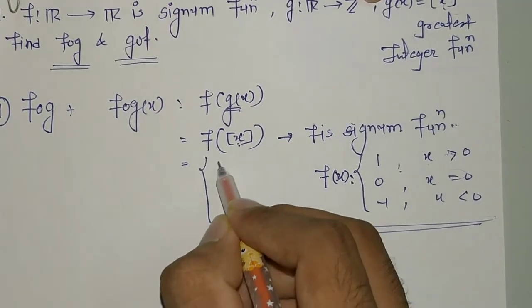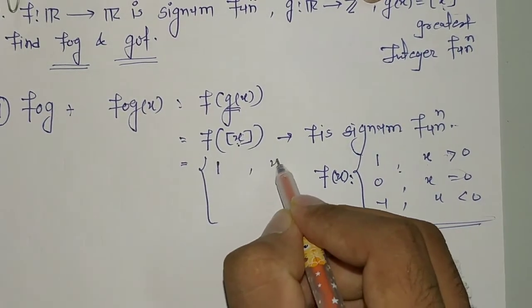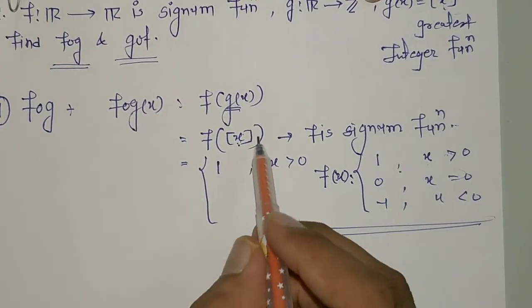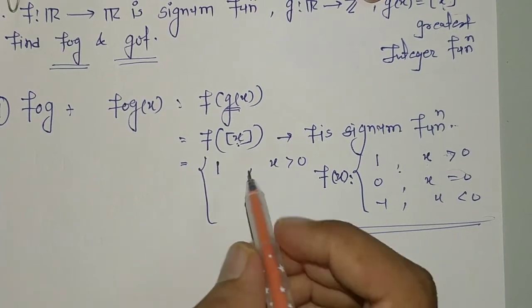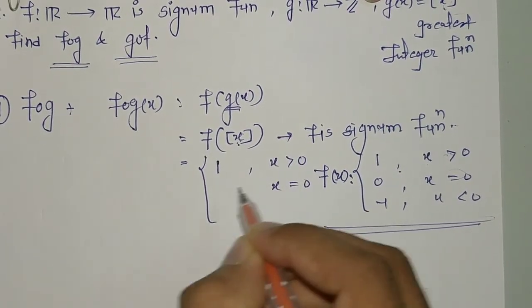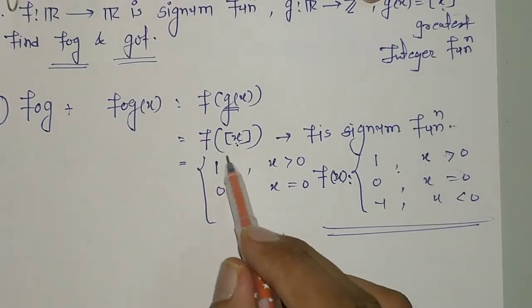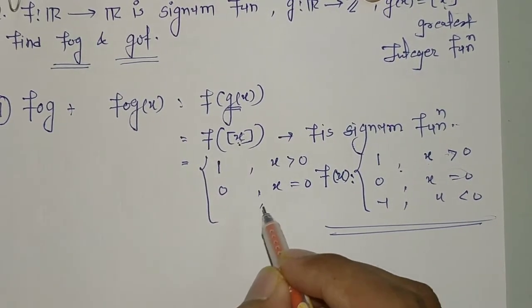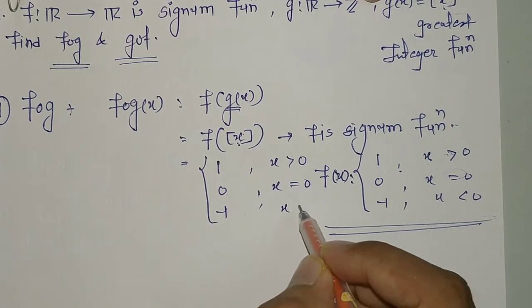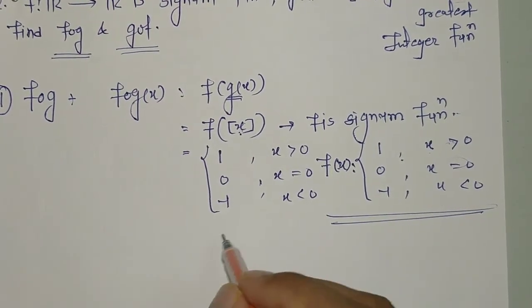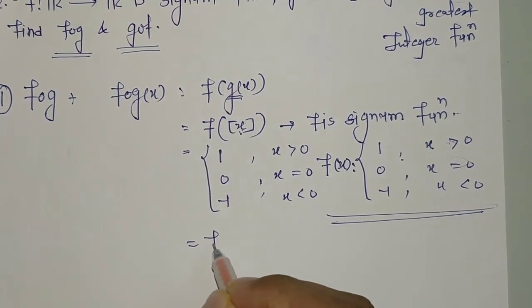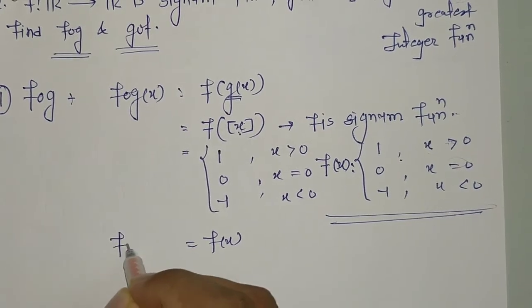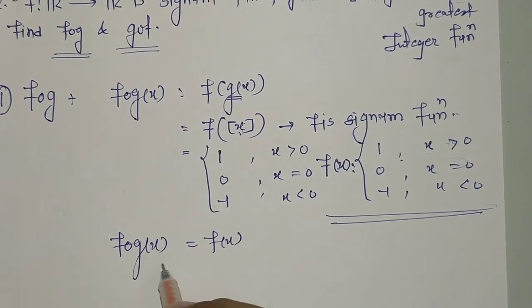So this is 1 for x greater than 0. If we put 0 in the greatest integer function, we get 0 again, so that remains the same. And if you put a negative value in the greatest integer function, we will get a negative value, so we will get minus 1. So fog is nothing but f of x.